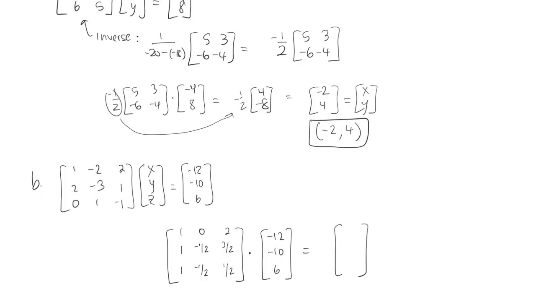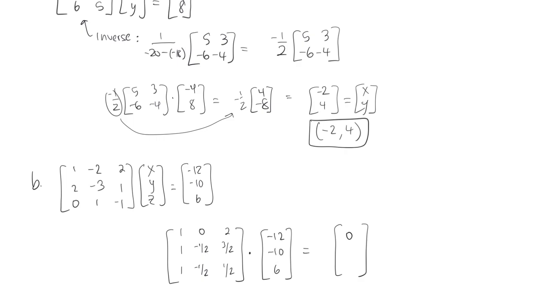So row 1, column 1 is row 1, column 1. 1 times negative 12 is negative 12. 0 times negative 10 is 0. And then 2 times 6 is 12. So we have negative 12 plus 12. With row 2, column 1, we have row 2, column 1. So 1 times negative 12 is negative 12. Negative 1/2 of negative 10 is 5.